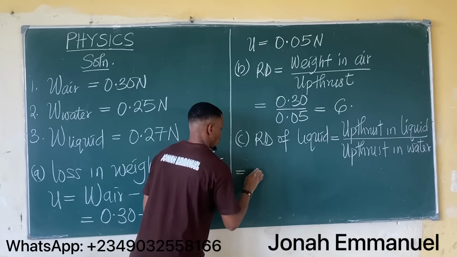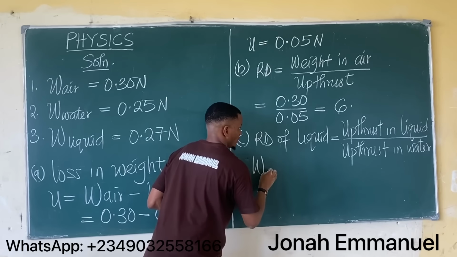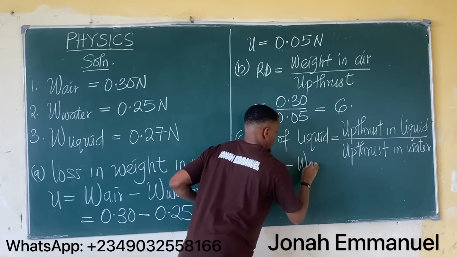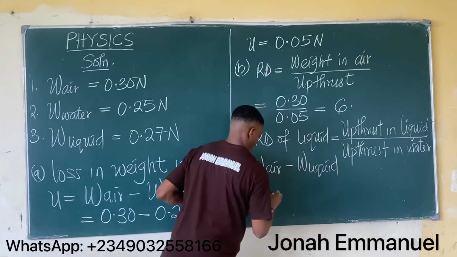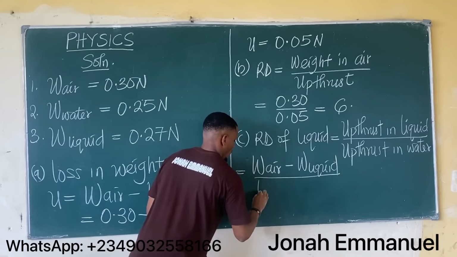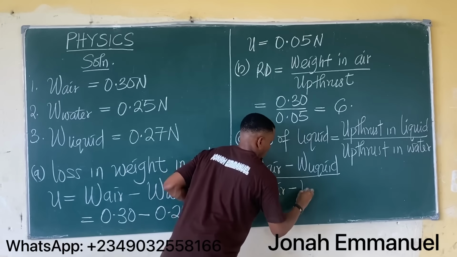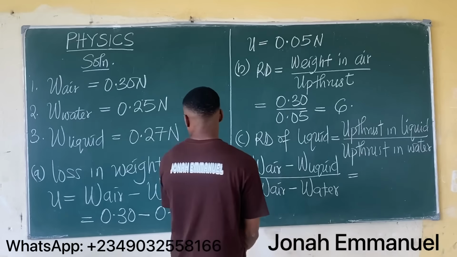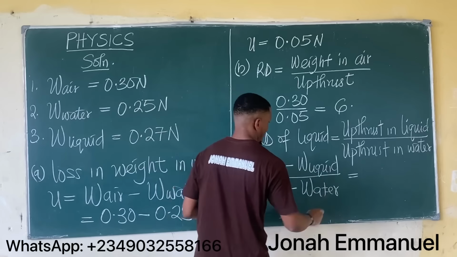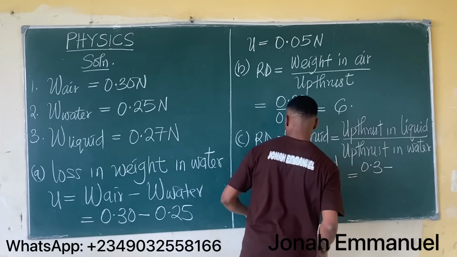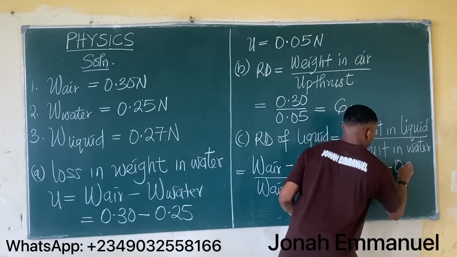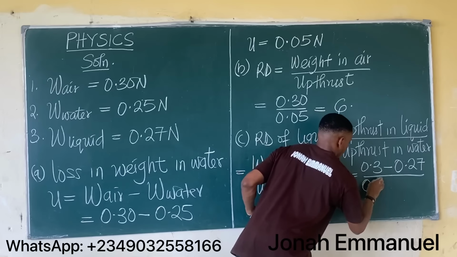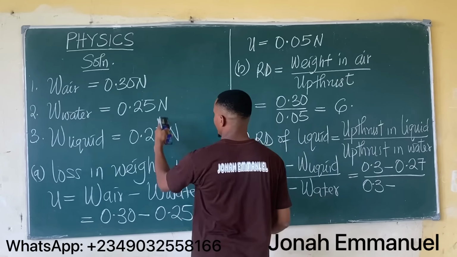So that will be equal to weight in air minus weight in liquid, all over weight in air minus weight in water, and that's equal to weight in air 0.3, so 0.3 minus weight in liquid 0.27, all over weight in air 0.3 minus weight in water 0.25.